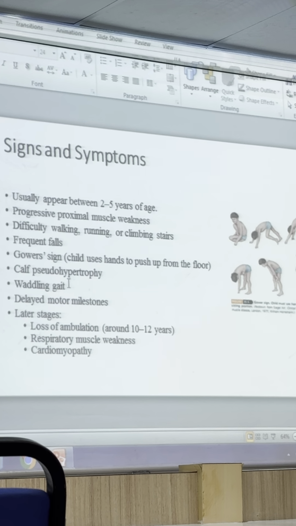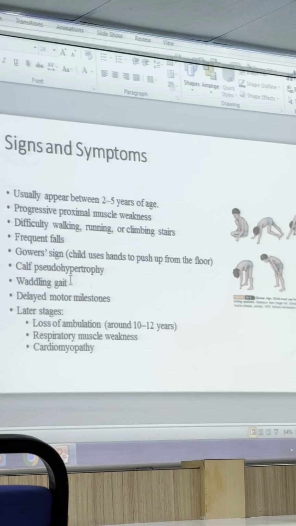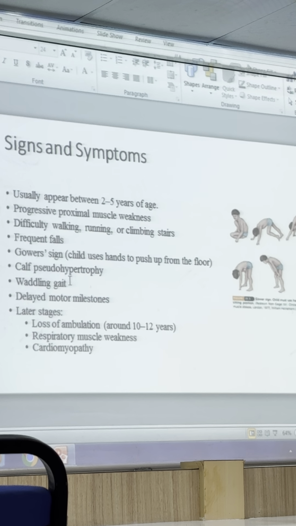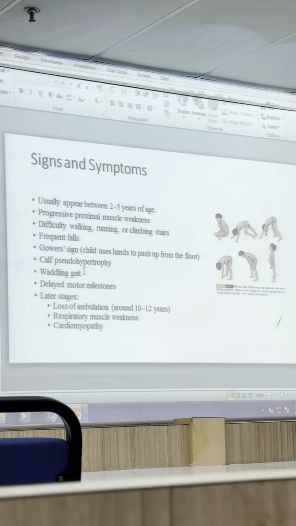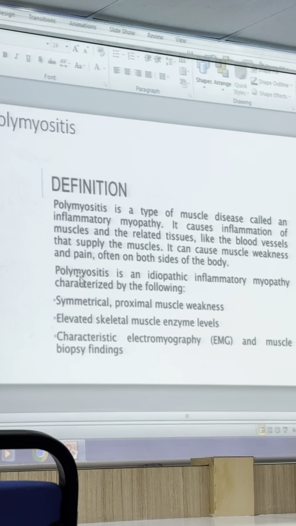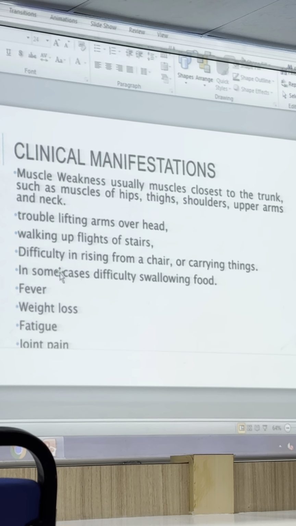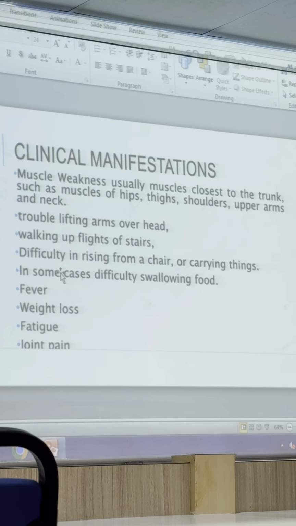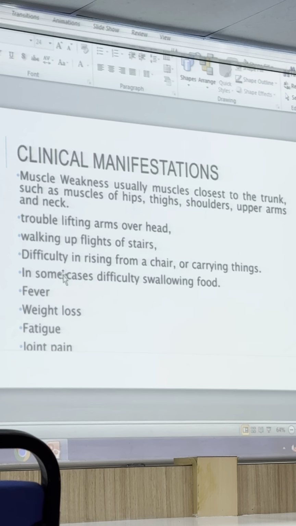For each of the muscle disorders, you need to know the cause, where it is affecting, and what the clinical features are. For polymyositis as well. The first two are important: polio and Duchenne's are very important.